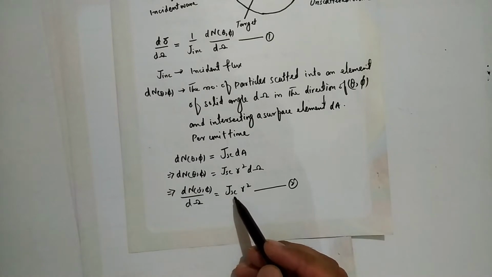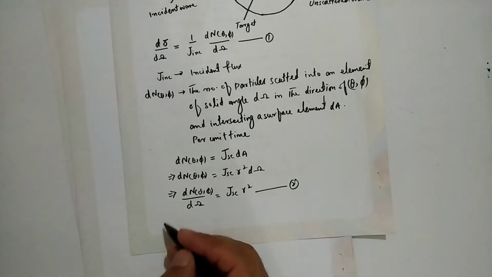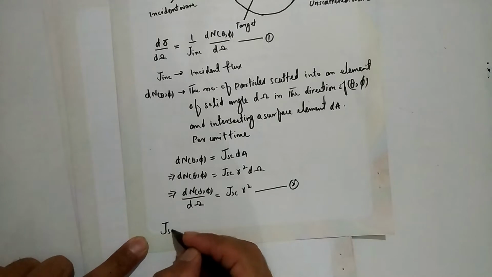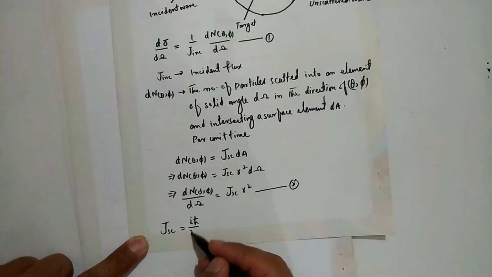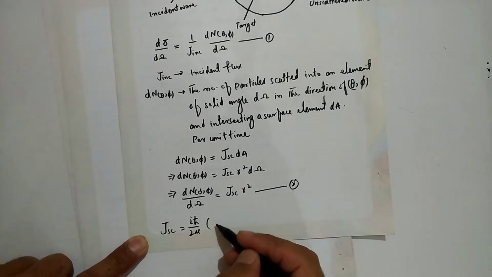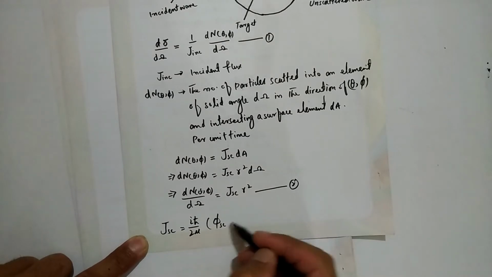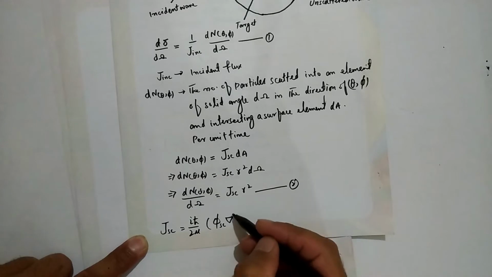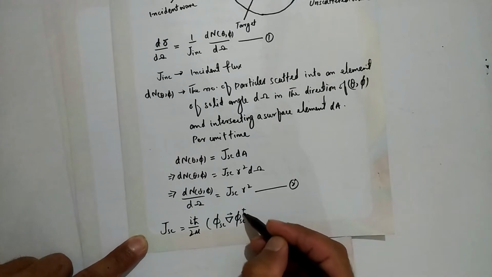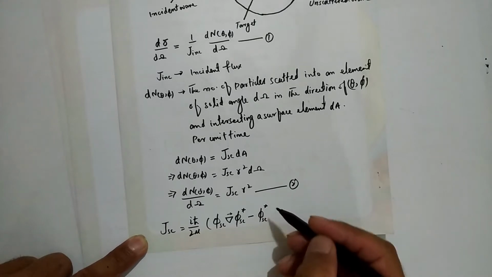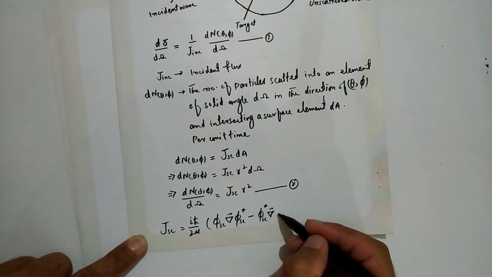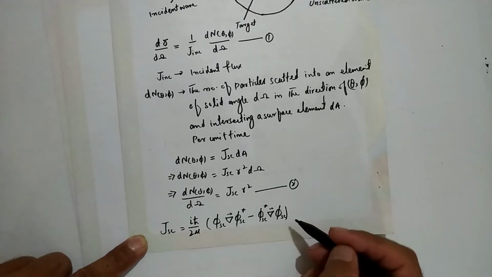Here this j scattered represents the scattered flux density, and by definition the scattered flux density is given as i h cut over 2 mu into phi scattered times the gradient of the complex conjugate of the scattered wave function minus the complex conjugate of the scattered wave function times the gradient of the scattered wave function.